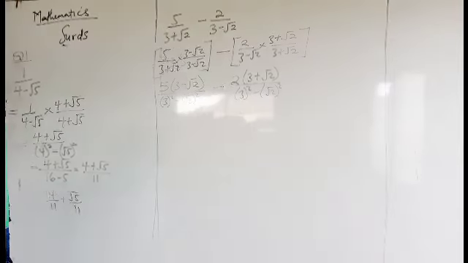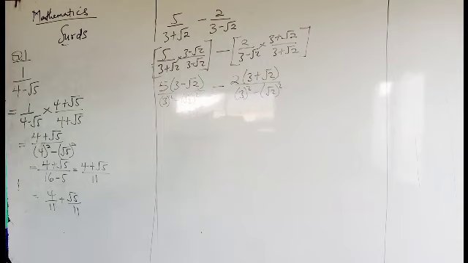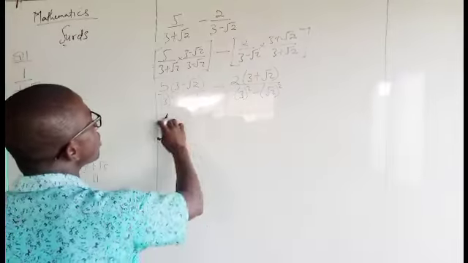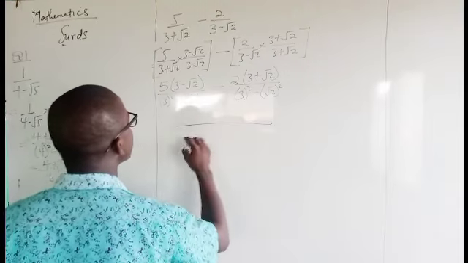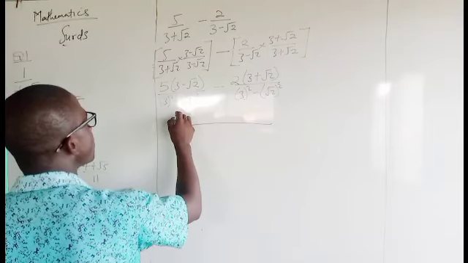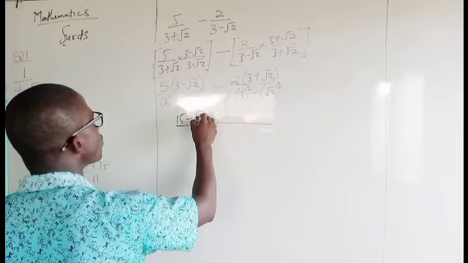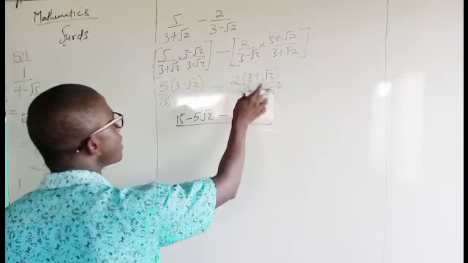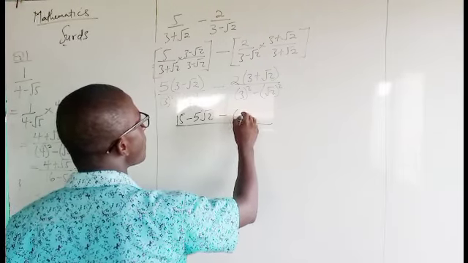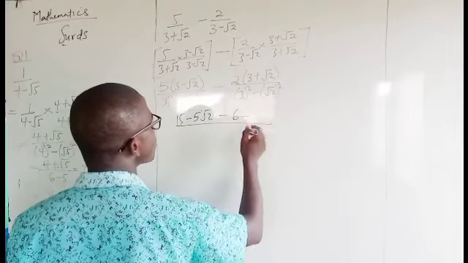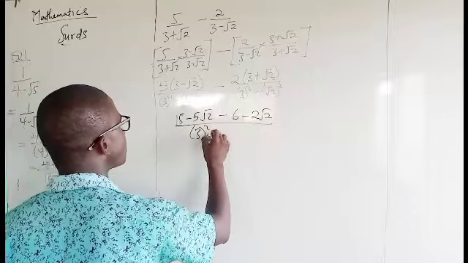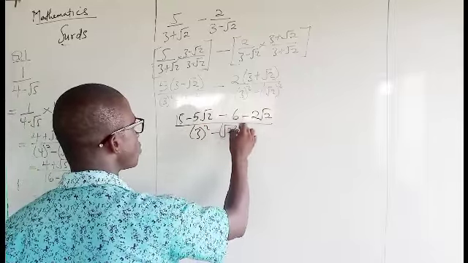Okay. So let's move on. So this and this are the same denominator, so we pick the same thing. So here we have 15 minus 5 root 2. Minus, then 2 times 3 is 6, minus, now negative affects this, so minus 2 root 2 all over 3 squared minus root 2 squared.